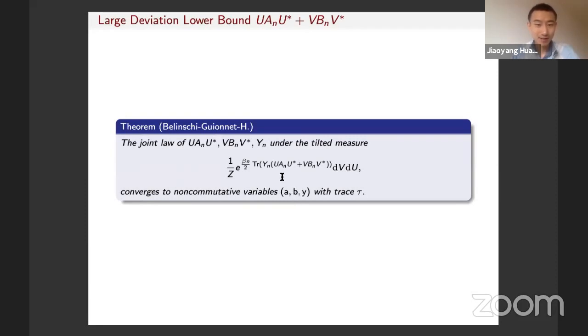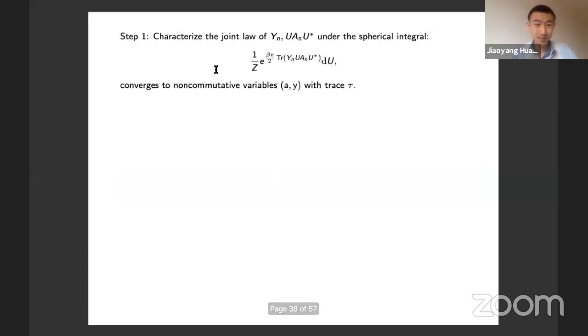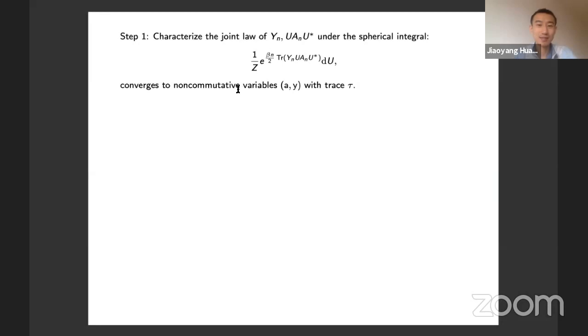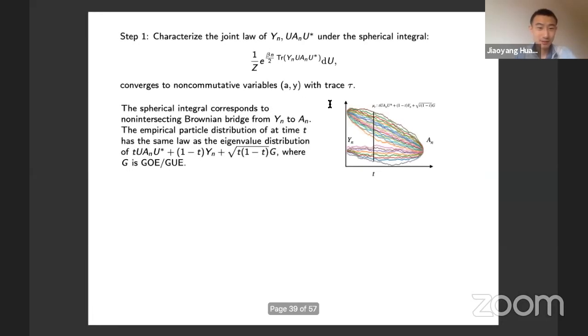To characterize them, we first study the marginal distribution of U A_n U* and Y_n, ignoring the second part. Then the integrand becomes the integrand of the spherical integral. In the first step, we characterize the joint law of Y_n and U A_n U* under this spherical integral, and show that they converge to the non-commutative variables a and y with the trace τ.